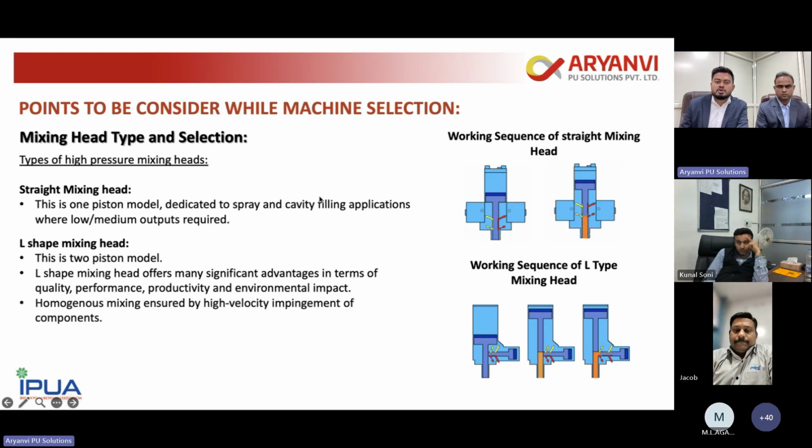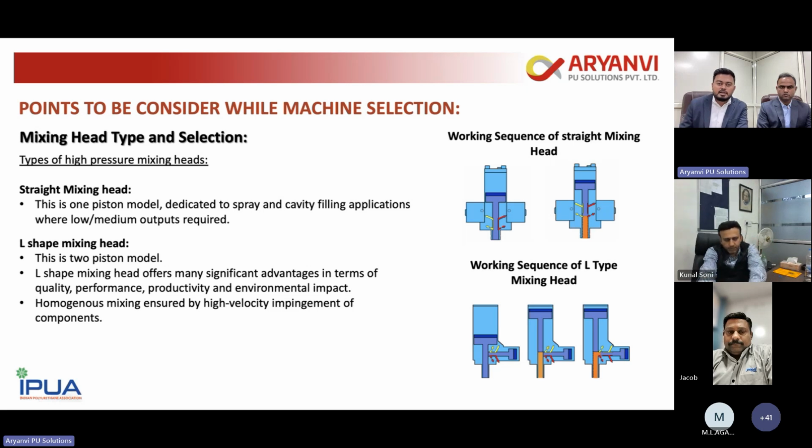As I told you, this straight head generally creates more turbulence as compared to the L-type mixing head. Generally, this mixing head is used for rigid applications where cavity filling kind of activity is done. Whenever we talk about flexible foam or memory foam, this kind of product, we recommend going with the L-type mixing head.